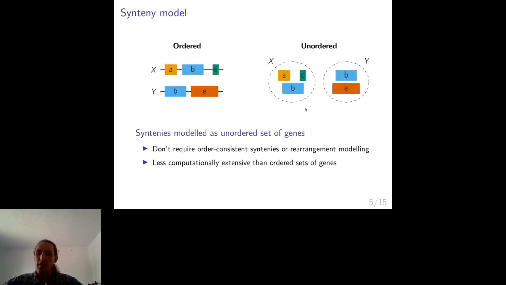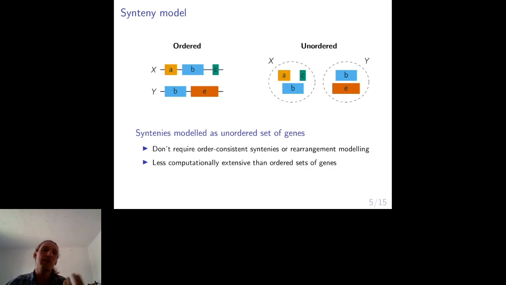So to model the synthesis, there are 2 possible ways. We can consider a synthesis as an ordered synthesis or unordered synthesis. In the ordered synthesis, you have a set of genes that are ordered, but in the unordered, the genes are unordered. So in our method, we model the synthesis as an unordered set of genes because it doesn't require order-consistent synthesis.